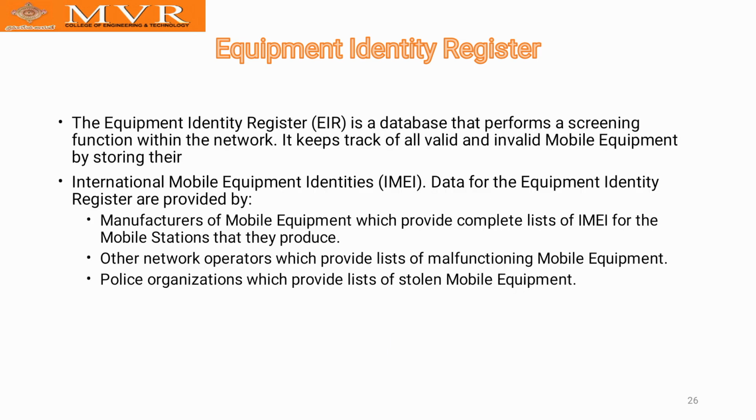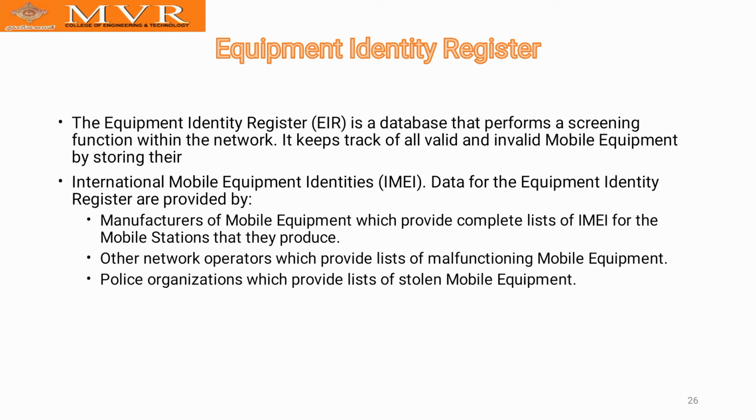The equipment identity register is a database that performs two screening functions within the network. It keeps track of all valid and invalid mobile equipment by storing the international mobile equipment identities, that is IMEI.